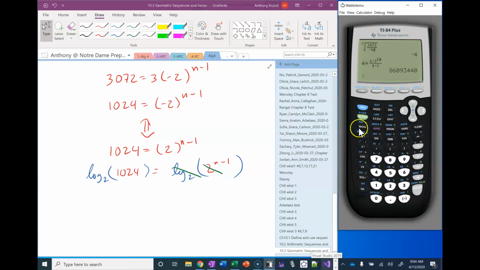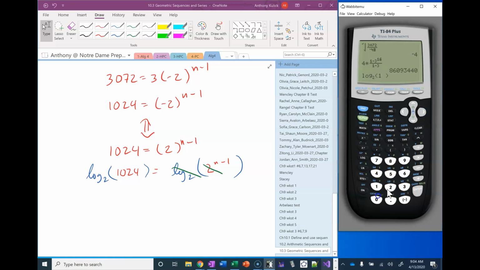Just to remind you, if I press math, I go down and choose the log base command. My base is 2, and 1024 gives 10. Then when I add 1 to both sides, I get 11.